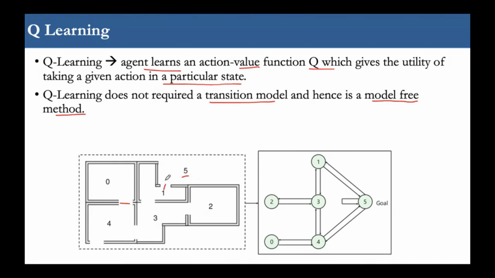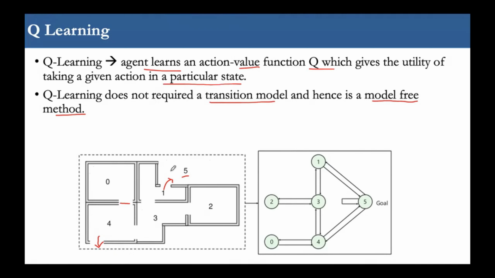One is from room number 1, you can move outside of the building, that is to reach 5. Another way is from 4, we can move outside of the building, which is also represented as 5. So with 2 ways we can move outside of the building, that is from 1 to 5 as well as from 4 to 5.